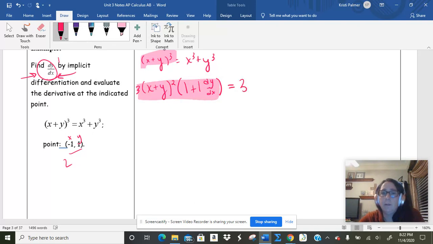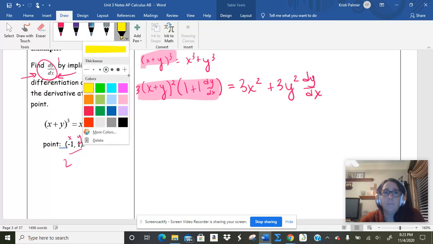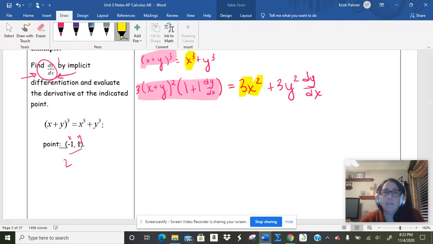Equals 3x squared plus 3y squared dy dx. This was the derivative of that piece. And this was the derivative of that piece. Okay, so now I've got to solve for this dy dx. So let's see. I'm going to go ahead and distribute so I can get all the dy dx's by itself.